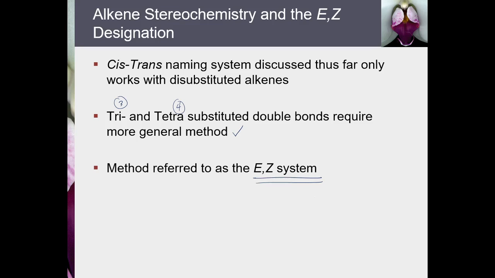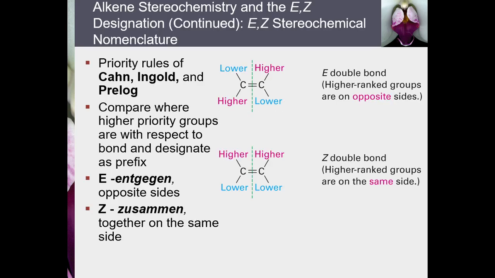So how is this E-Z system applied? And how is it different? May difference ba mamaya pag kinumpare natin siya with the cis-trans isomerism? So, the E-Z stereochemical nomenclature will follow the priority rules of Cahn, Ingold, and Prelog.